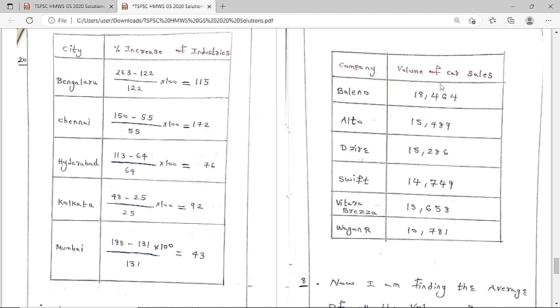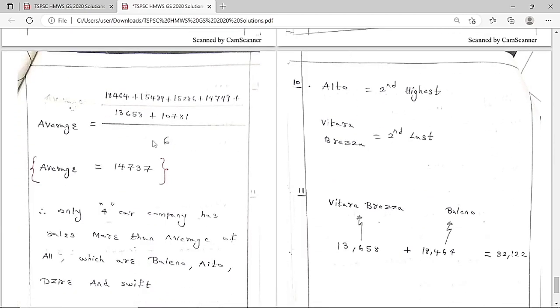So the average is 18,464 plus 15,489 plus 15,286 plus 14,749 plus 13,658 plus 10,781, divided by 6, because there are 6 values in total. If we do this, we finally get the average equal to 14,737. So this is the average.